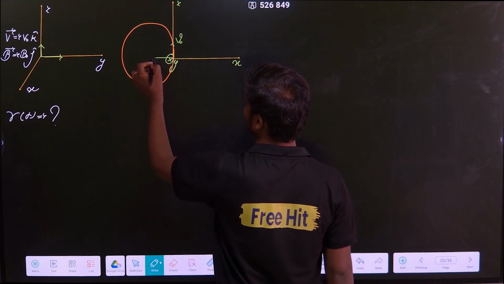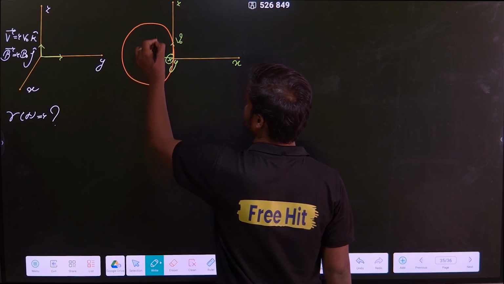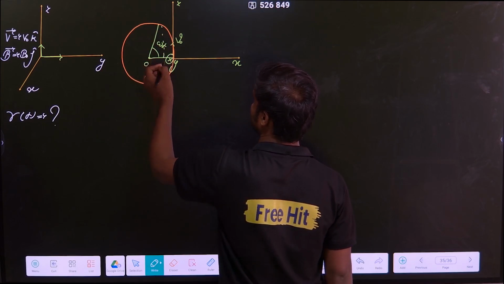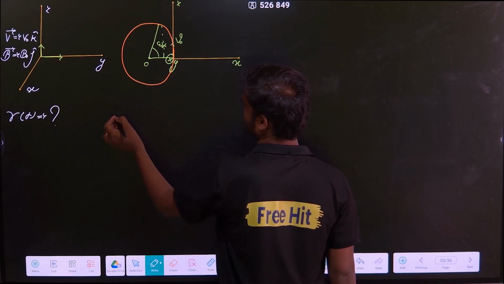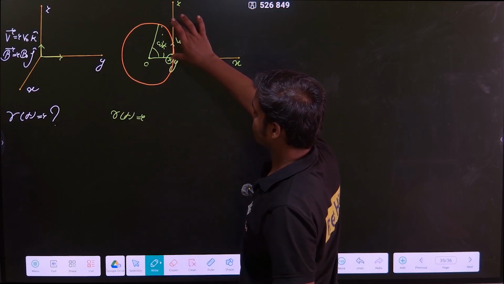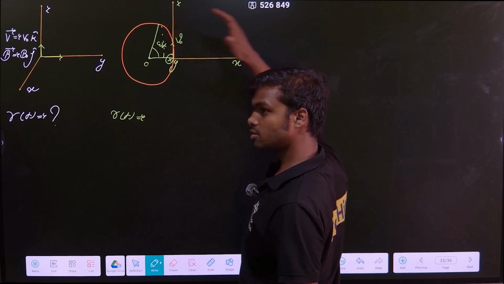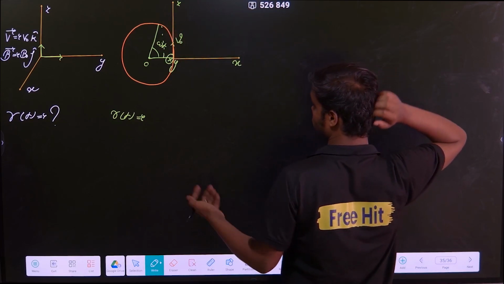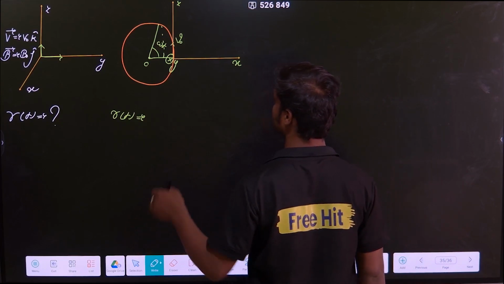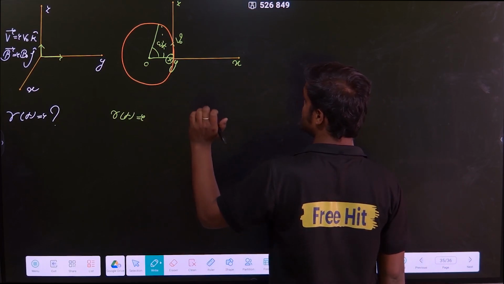Suppose this is some center c and you rotate by angle omega t. Take the perpendicular, same thing again. So I am directly writing the answer. The z component will be r cos theta, where theta means omega t. Now write the coordinates. The y coordinate is 0.